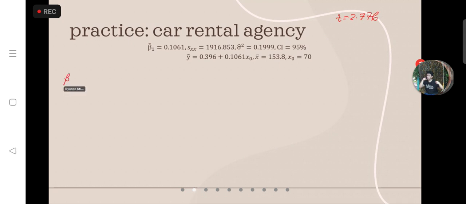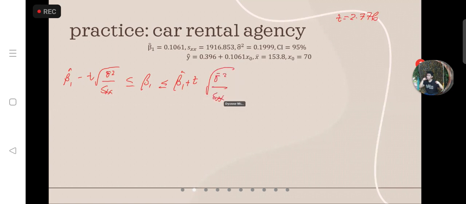So, our formula would be b1 less than equal to b hat 1 with t times the square root of estimator of variance over sxx.